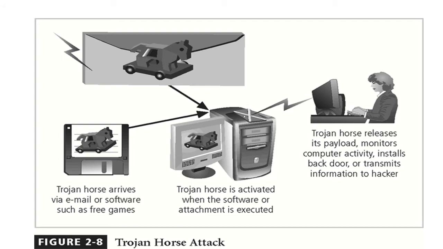On the other hand, we have a Trojan horse that arrives via an email or software such as free games. Then on the other end, we have a Trojan horse that releases its payload, monitors computer activity, and installs a backdoor or transmits information to a hacker.